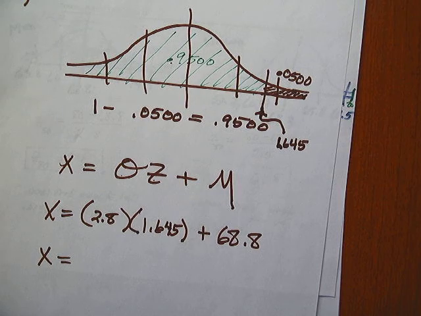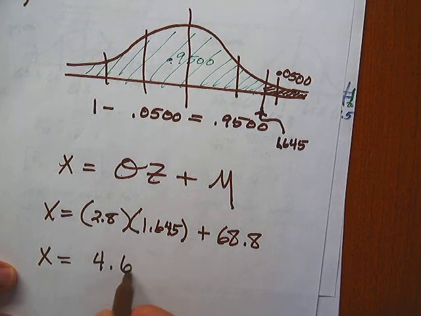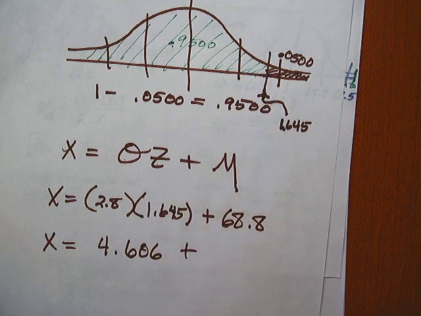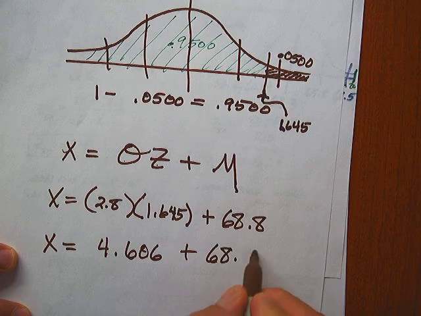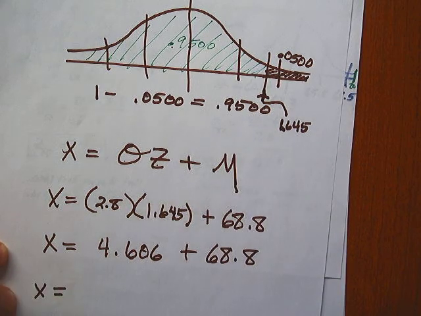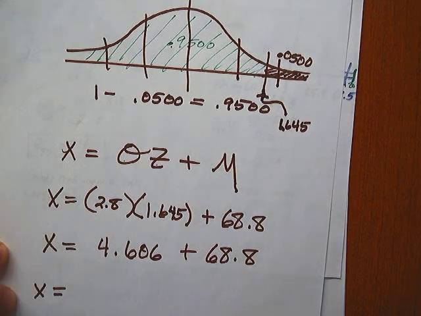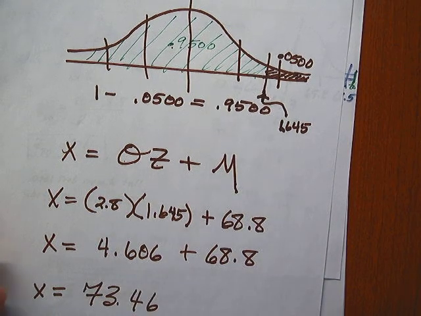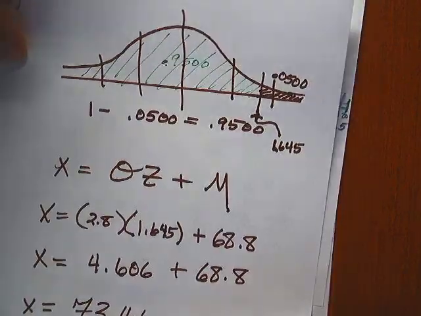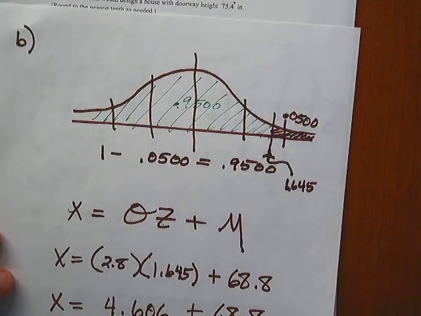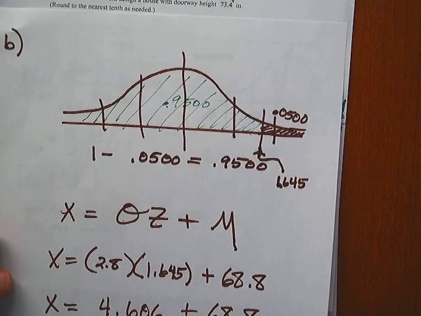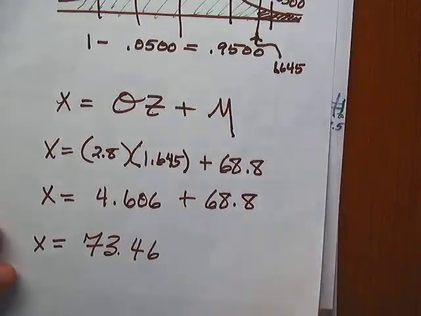Add all those together, and let me get my calculator, and that will be 2.8 times 1.645, and that gives us 4.606, plus 68.8, and that's equal to 73.46.